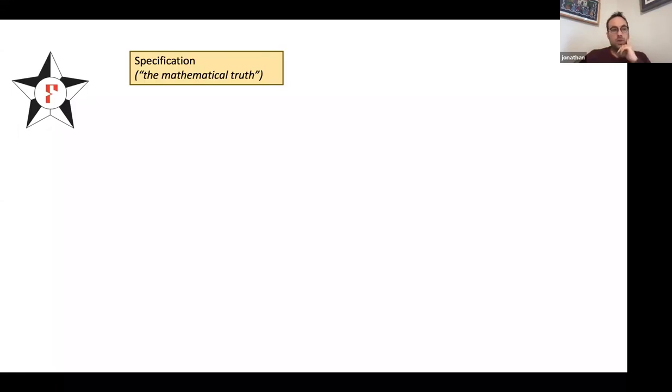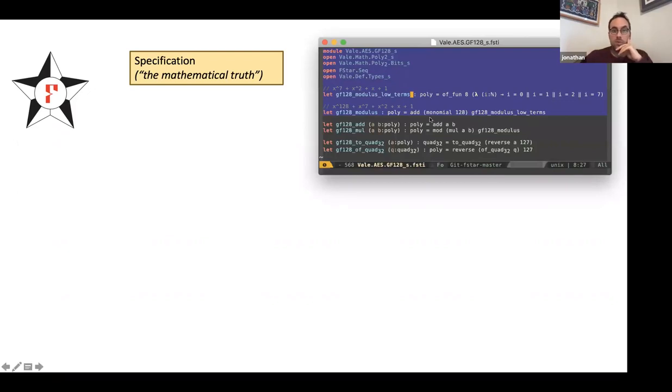Starting from the specification, which we consider to be the mathematical truth, we may want to, for instance, define GF128, the finite field, that is actually pretty useful for a message authentication code that we use in cryptography.